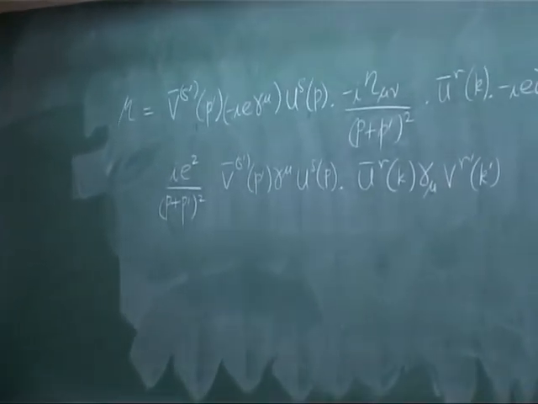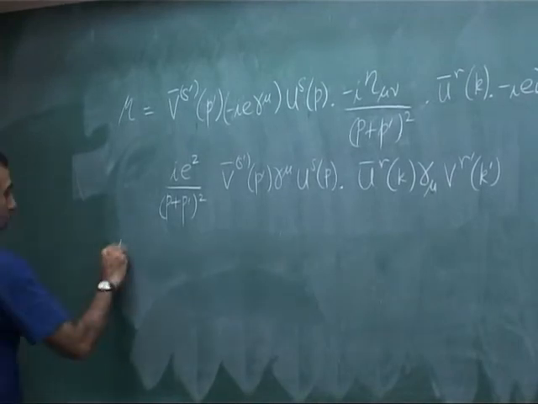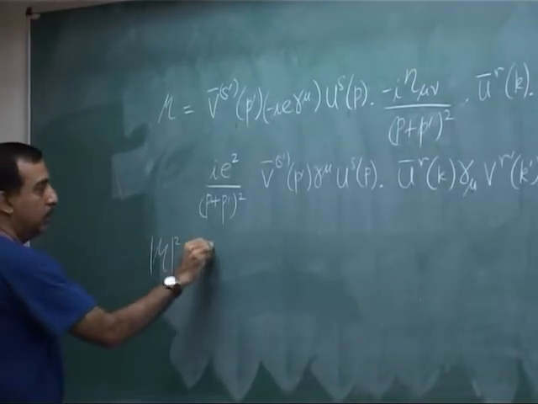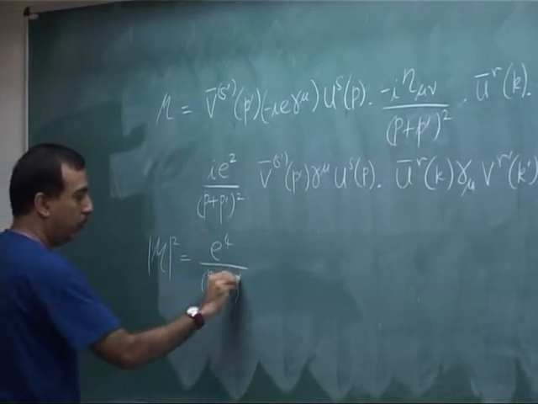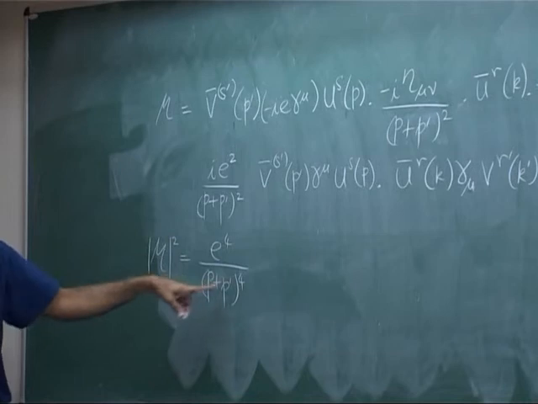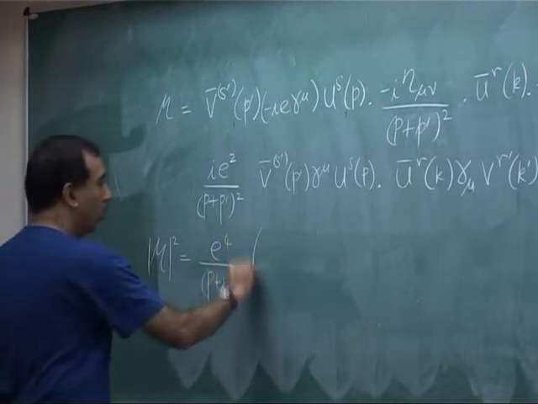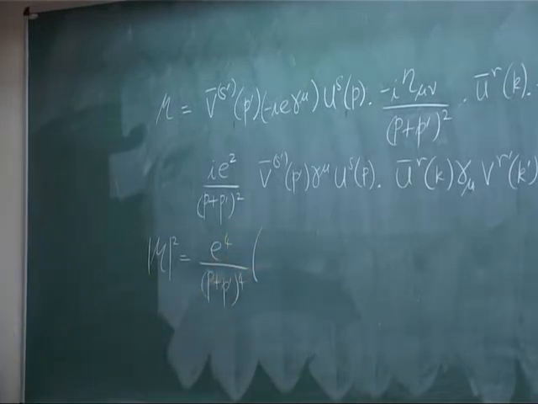Okay. So m squared is e to the fourth upon p plus p prime to the fourth. By this I mean the 4 momentum squared and then the result squared again. Okay. Now, I'll write this. I guess it's exactly as written on the board. Yeah, good.